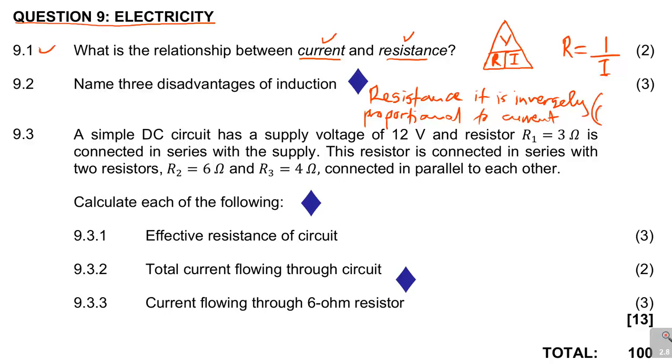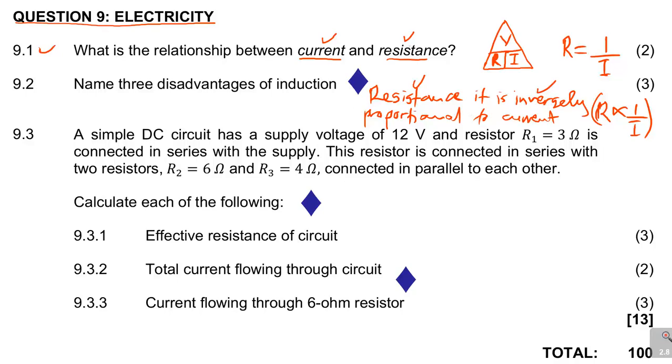In maths, you can write it like this: R is proportional to 1 over I. That is the statement. Resistance is inversely proportional to current. Or you can make it simple, in layman's language. You can say as the resistance increases, the current decreases. Or you can say resistance and current are inversely proportional.